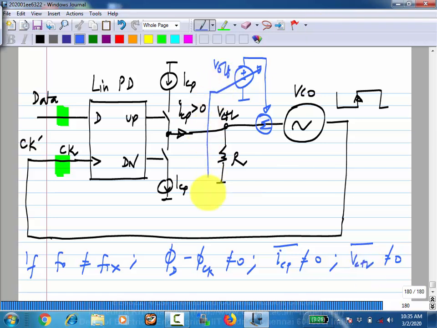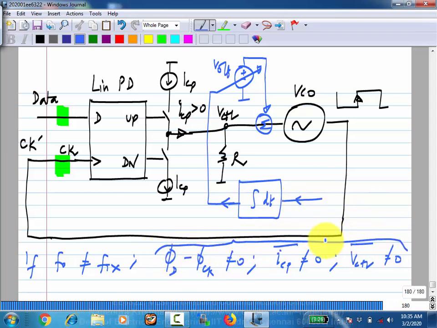So this should come from an integrator, and the input to the integrator can be any of these 3. Right? And you can choose to integrate that in any which way you want. So now what will happen?